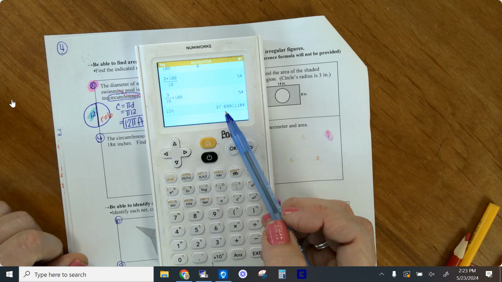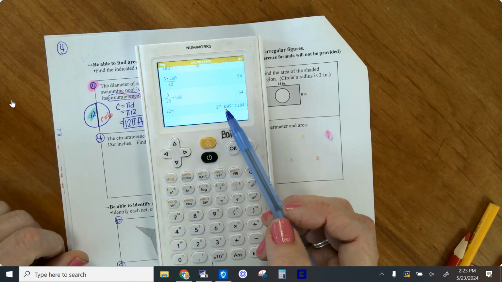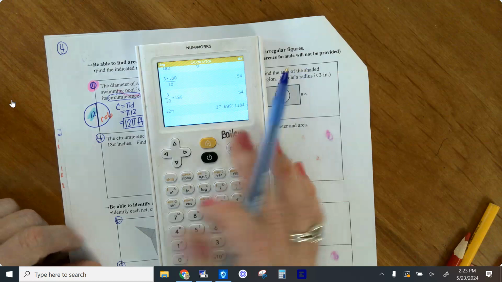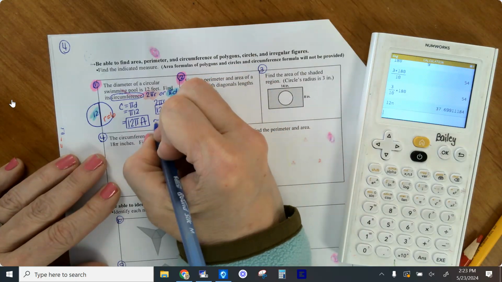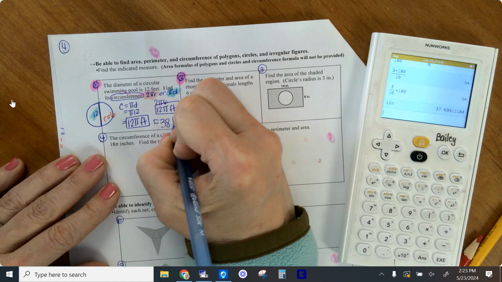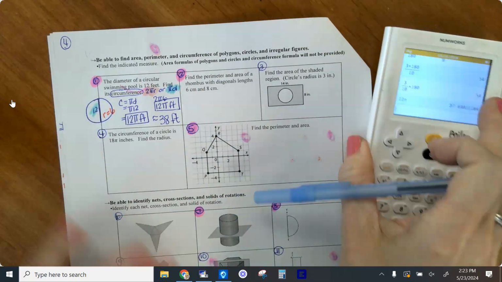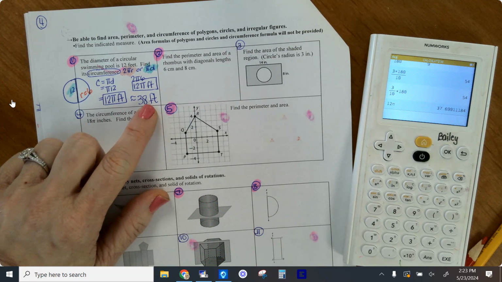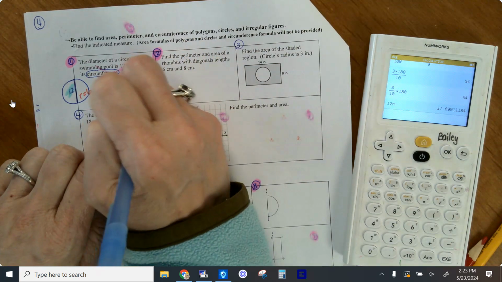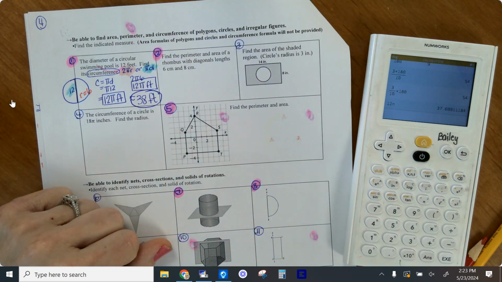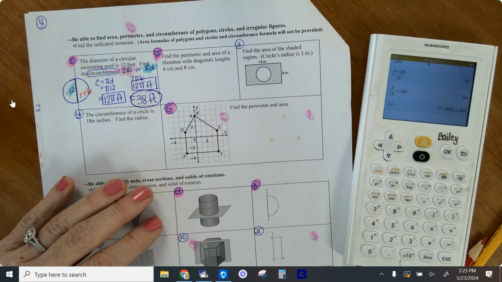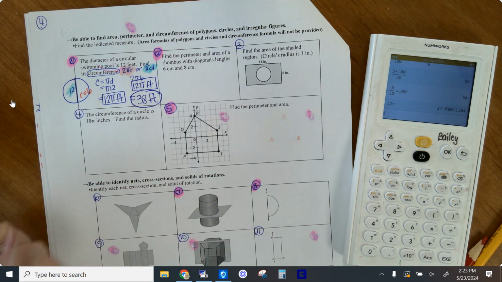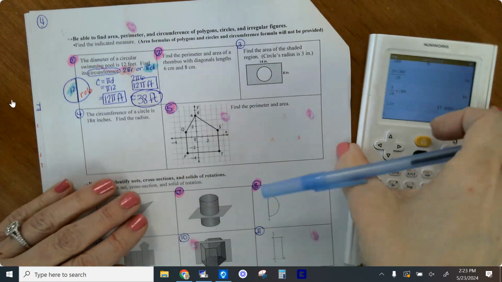So how many feet would you tell someone at Home Depot or Lowe's? If that's your decimal, you would tell them, hey, I need about 38 feet of that black edging for my swimming pool. Or maybe you're putting pavers down or bricks. So, 38 feet.